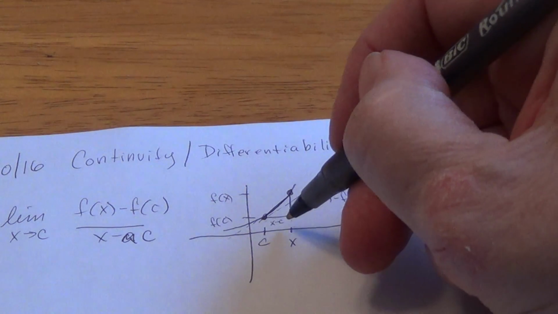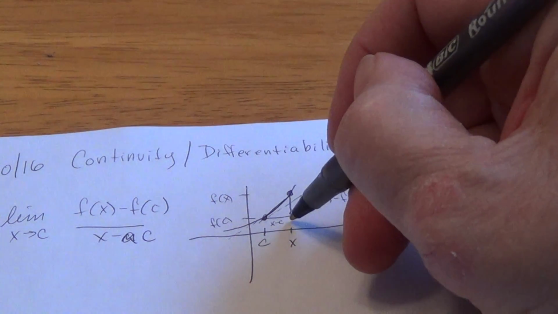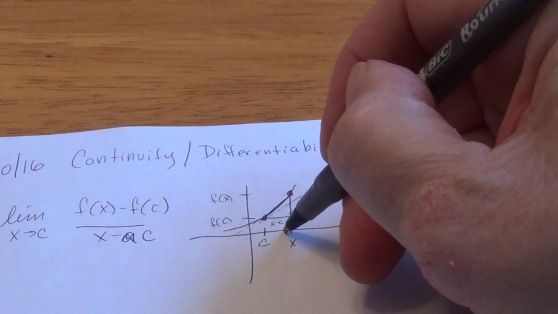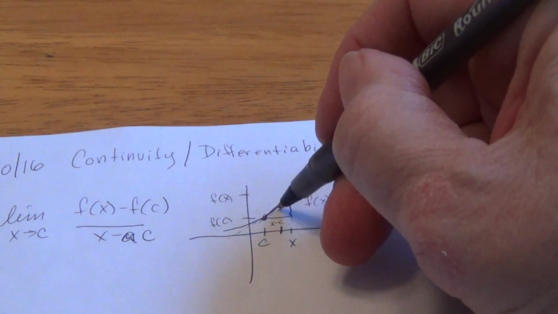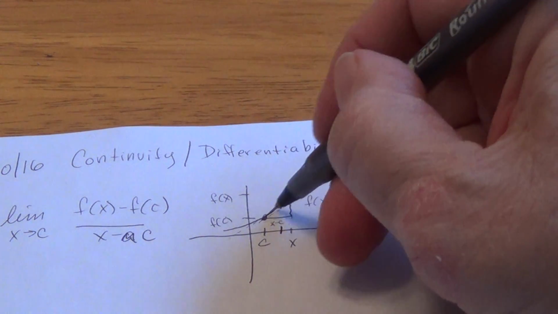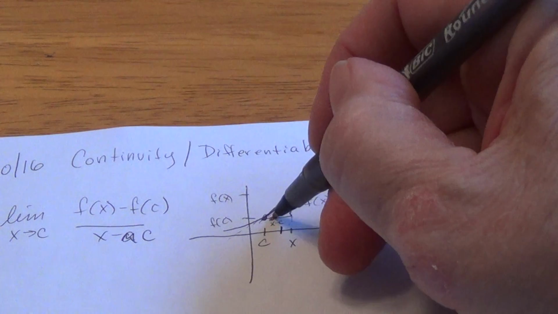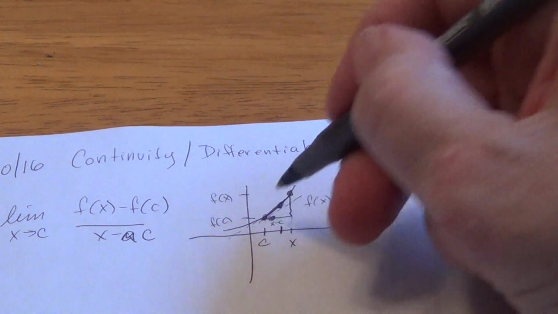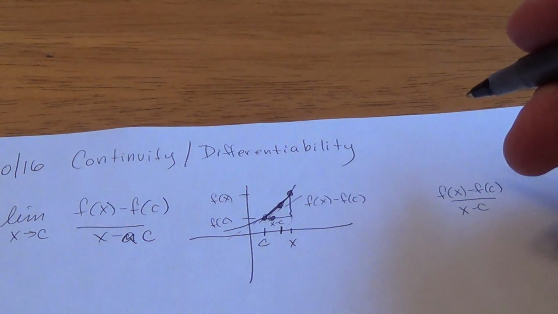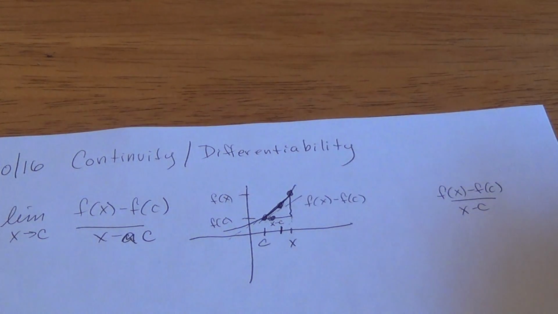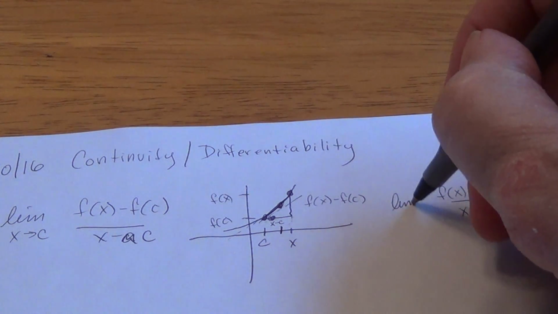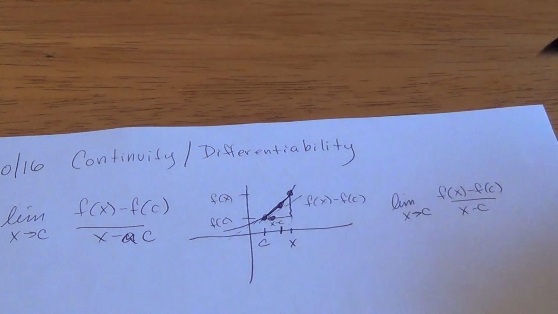And we're going to have the x value move closer to the tangent, and here, and finally approaching it, we are at the tangent line. So we take the limit as x approaches c.